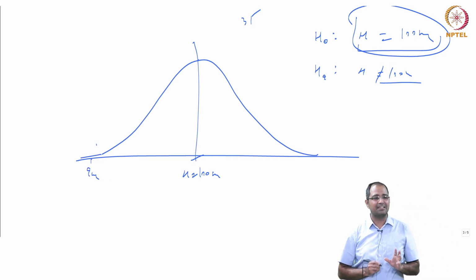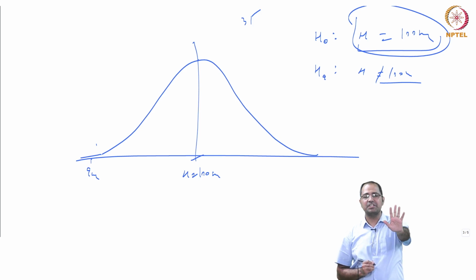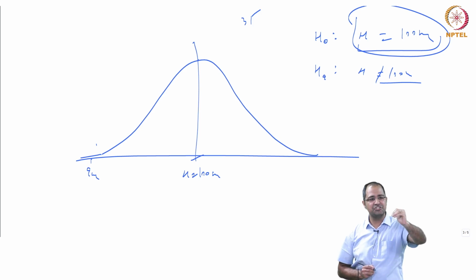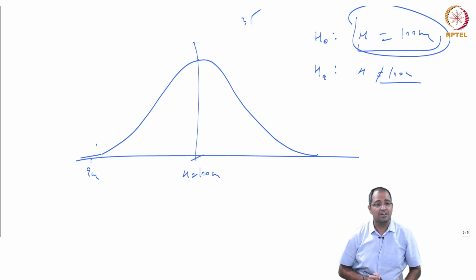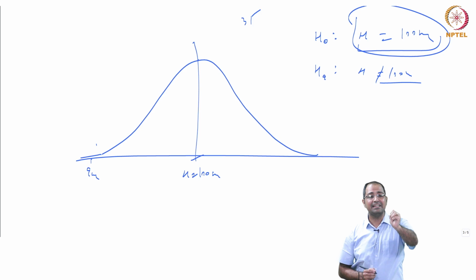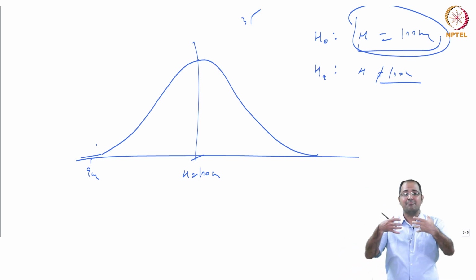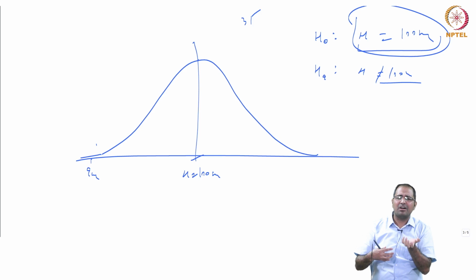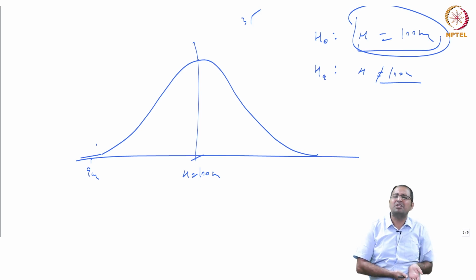So he says the instructor was saying that it is 100 meter average height. I assume that this is the population mean, assuming that the null hypothesis is correct. What is the probability that in a population where the mean height is 100 meters, I am able to draw a sample with such a low mean height?